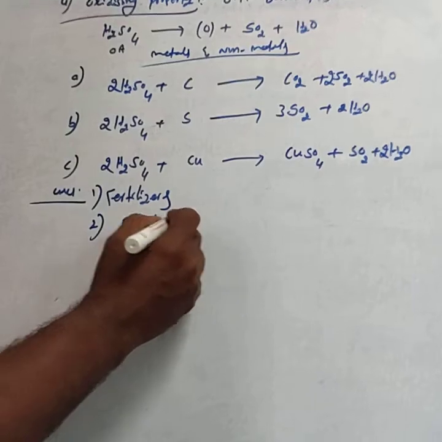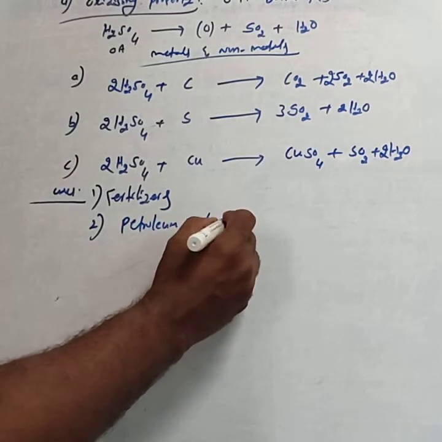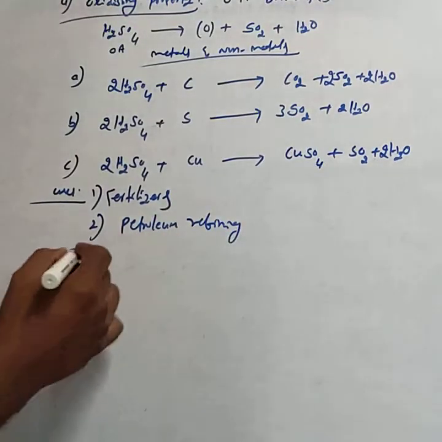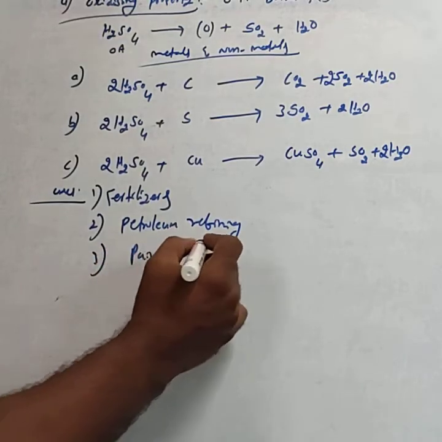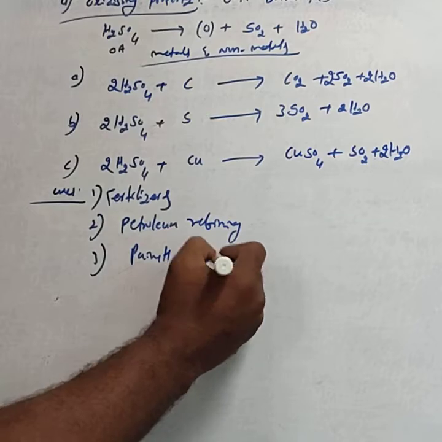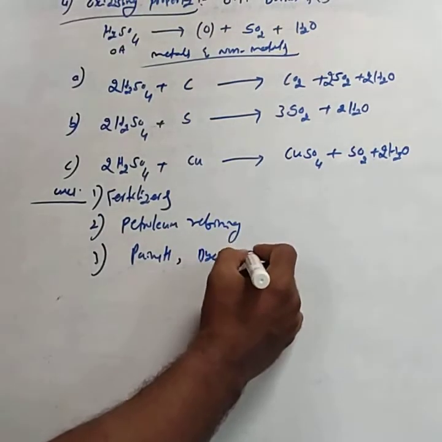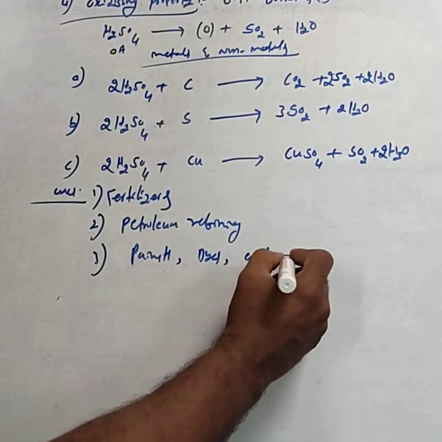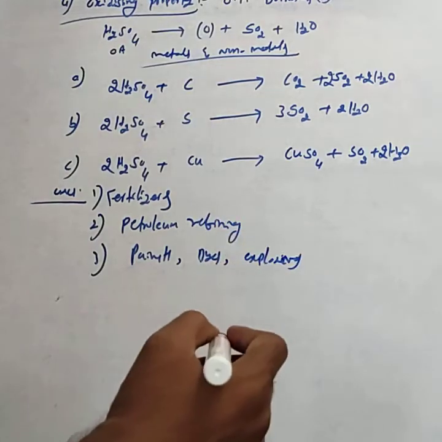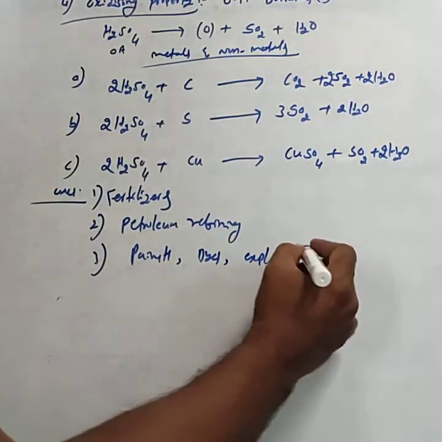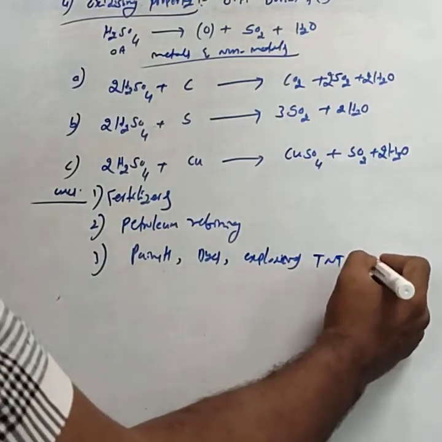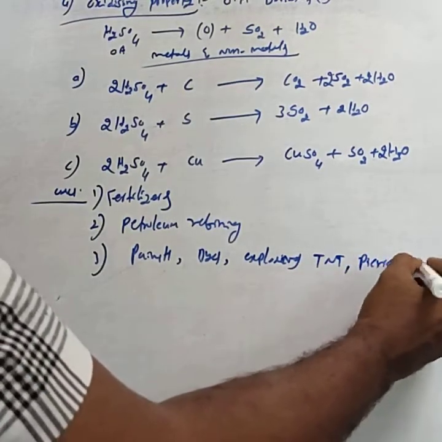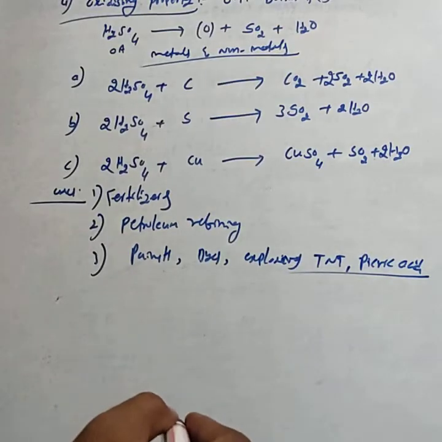It is used in petroleum refining, in the manufacture of paints, dyes, and explosives like TNT, trinitrotoluene, and picric acid. They are all considered explosives.